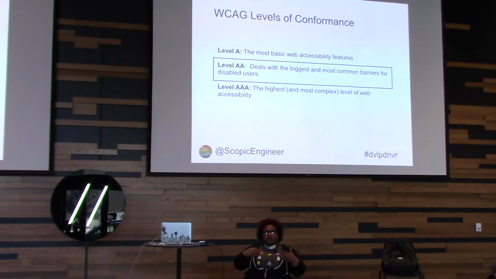If you can do that, definitely go ahead. But aim for AA, because that's going to get you there. But definitely, as much as you can, if you can make features AAA, go for it.